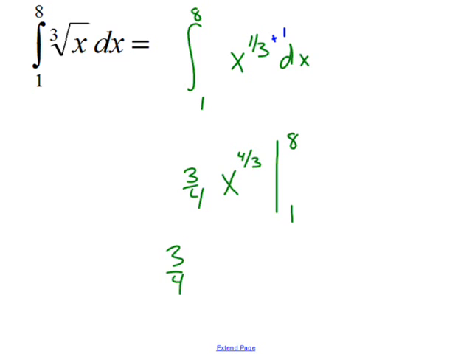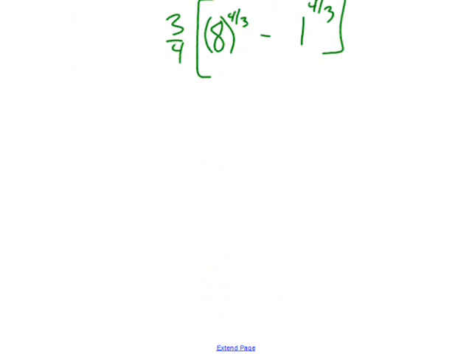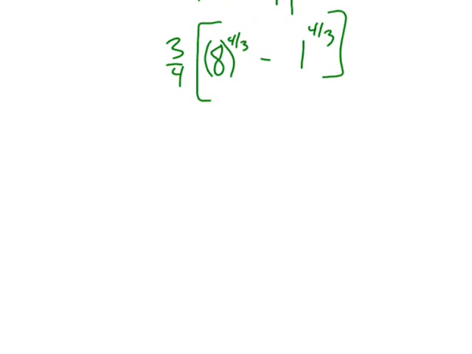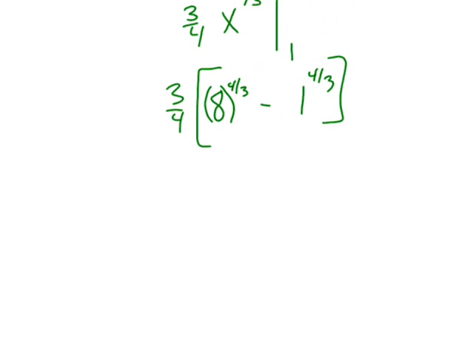So I have 3/4, 8 to the 4/3. And then again, I'm going to use my brackets here so I don't forget to distribute later. And then 1 to the 4/3. And remember, when you're dealing with radicals, the power is on top. So this is my power. And this is my root.